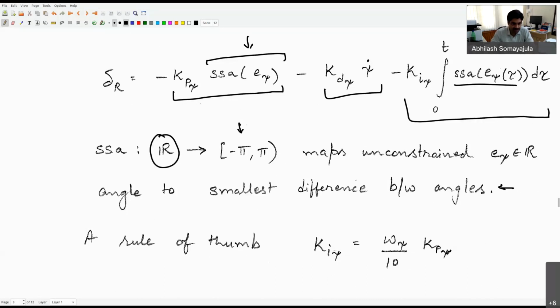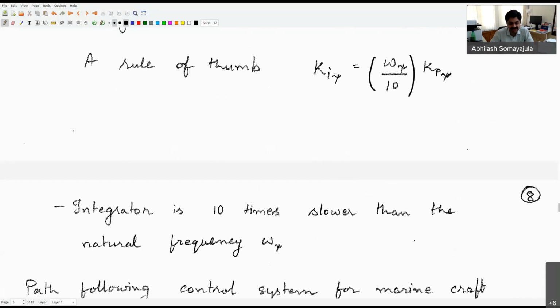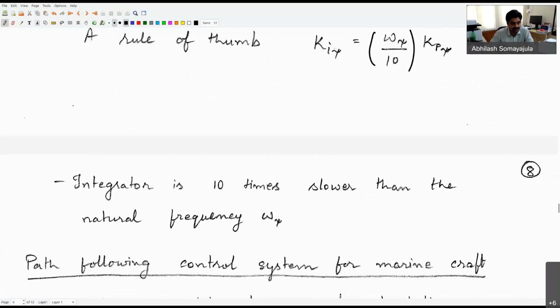So typically I choose this integrator gain to be omega by 10 times kp. Then it will ensure that my integrator is at least 10 times slower than the natural frequency omega of the system.